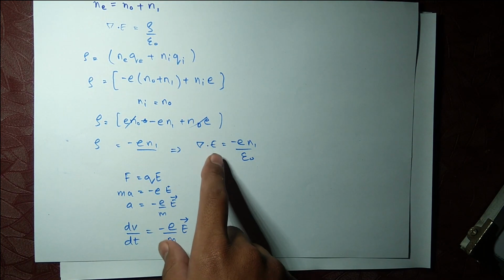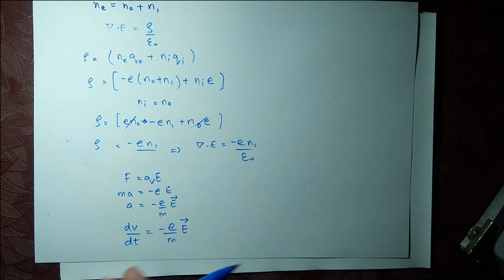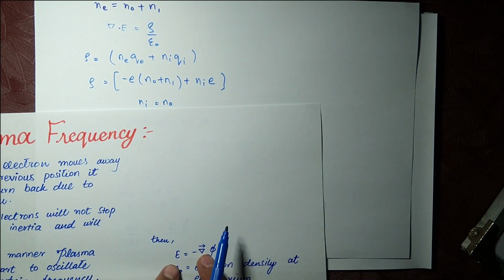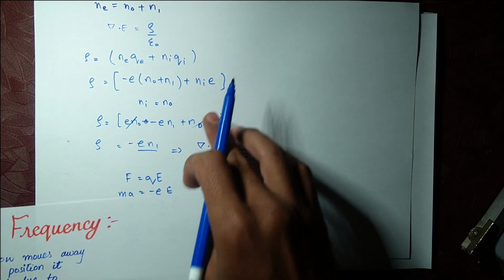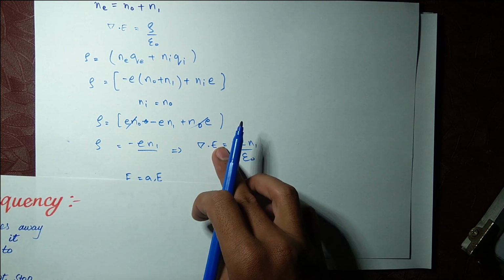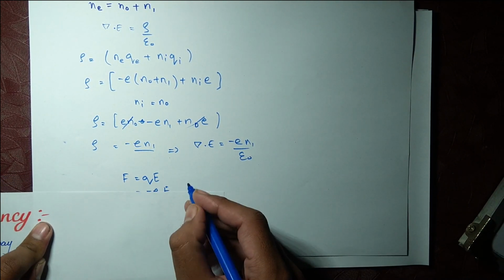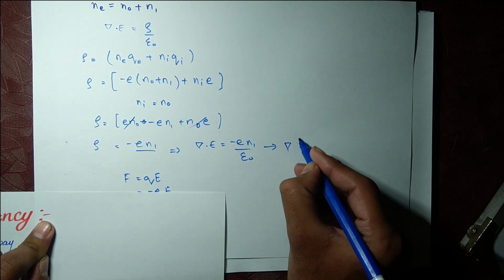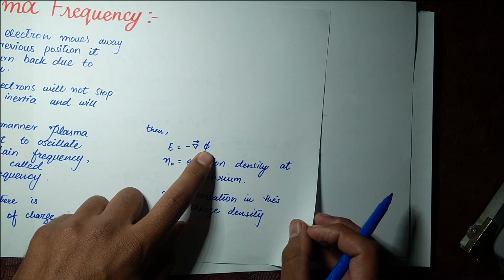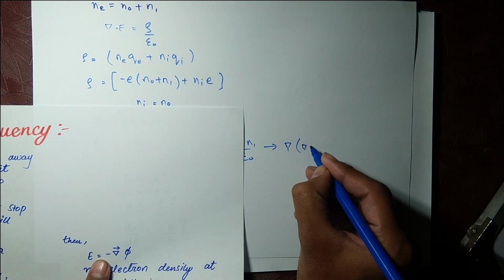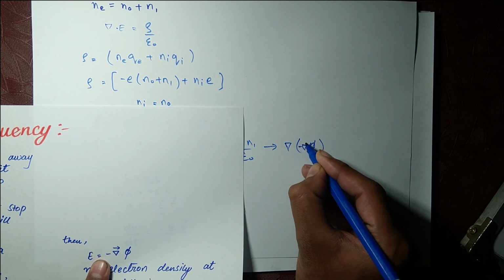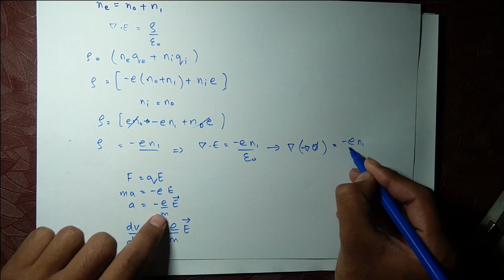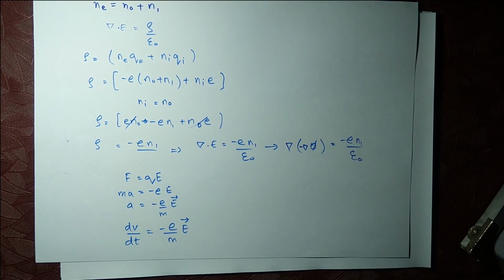We put the value of E here, and from this equation, E equals minus del phi, so minus del phi equals minus E n1 over epsilon naught.